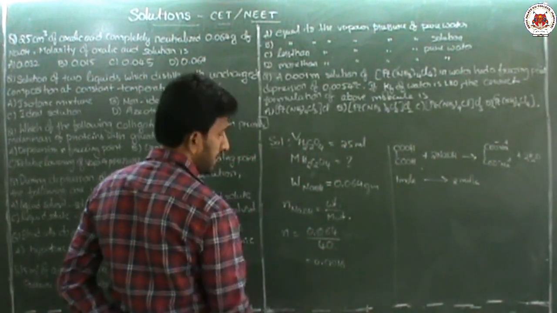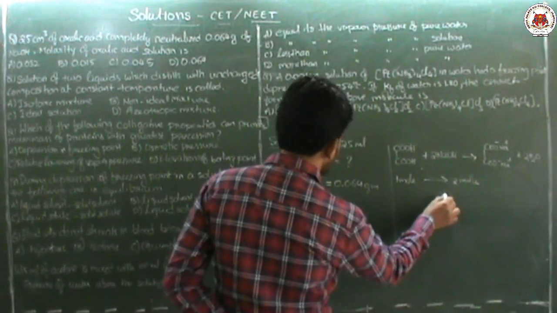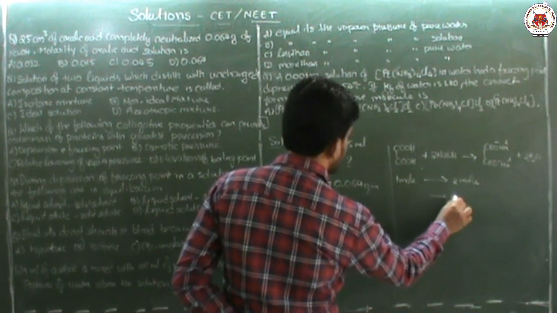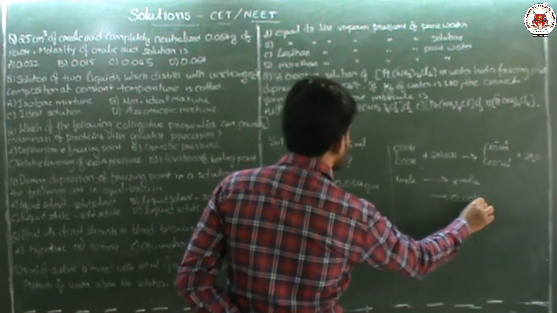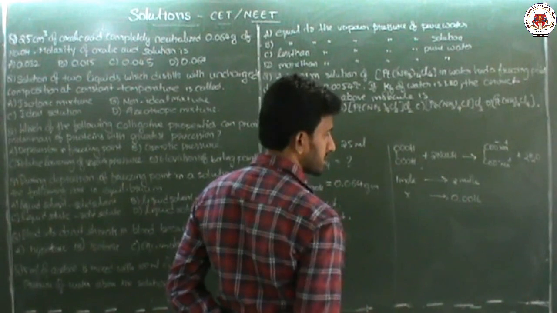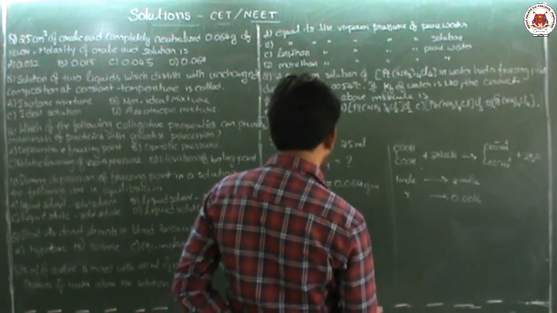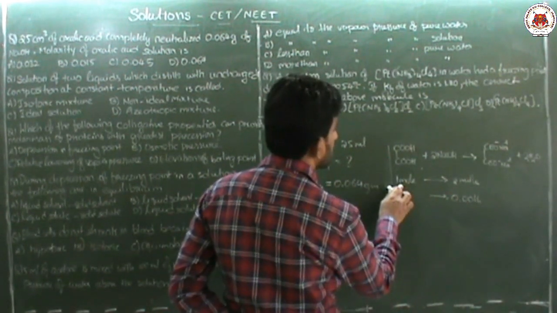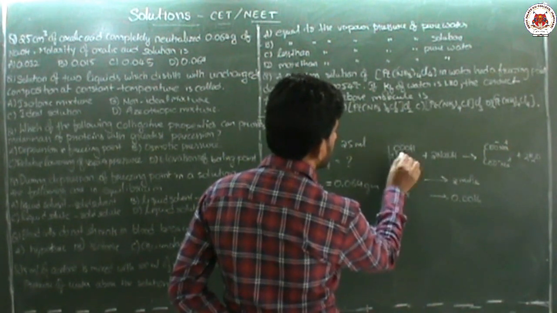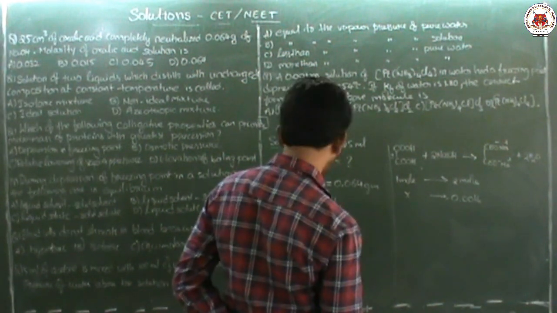Now in the question we have 0.0016 moles of NaOH. So 1 mole of oxalic acid requires 2 moles of NaOH.